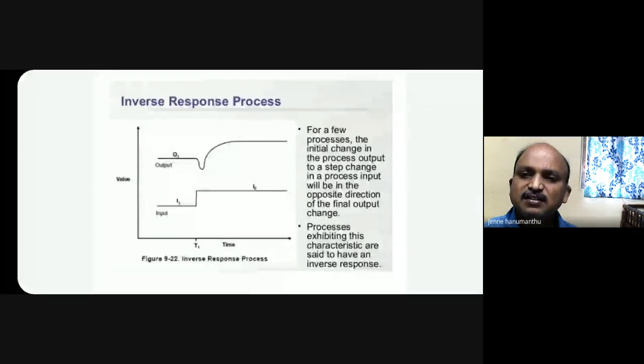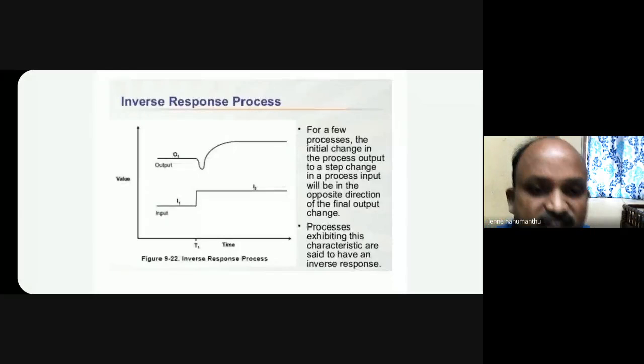But sometimes we cannot get the actual output compared to the input. Instead, the output is like this. See the graph: the output is initially flat, then decreases, showing a smooth curve towards saturation.